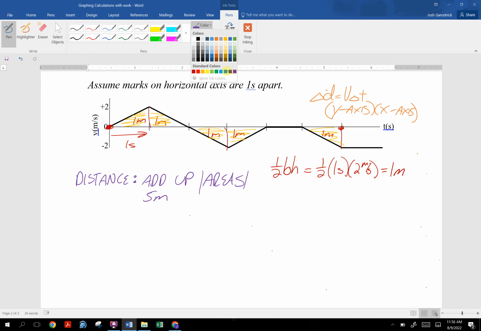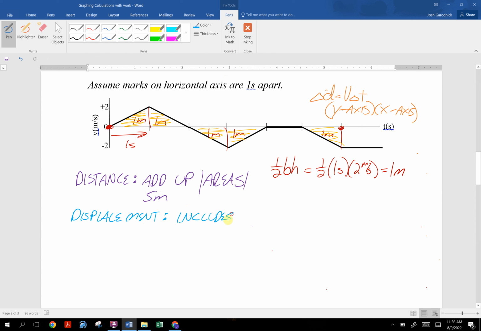Now, displacement is different, sort of, because it includes direction, so you must just add the areas. So you're going to add areas. Do not take absolute value.